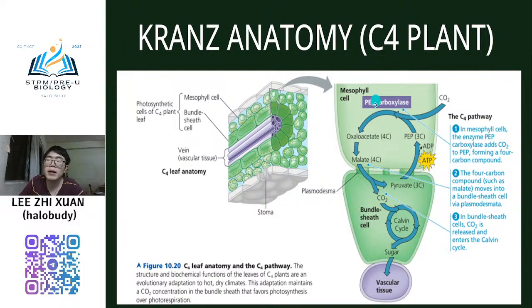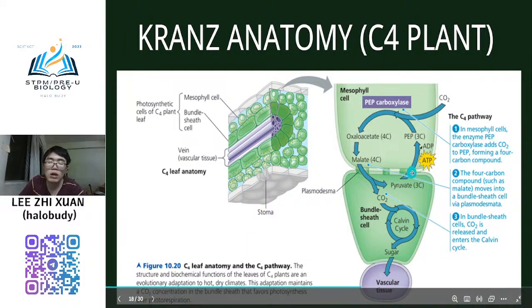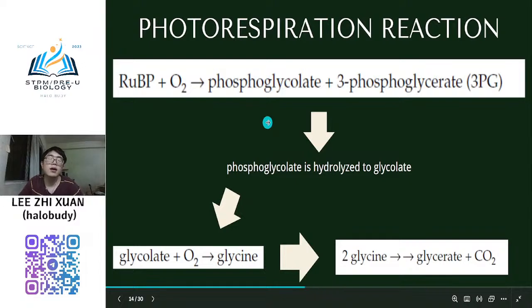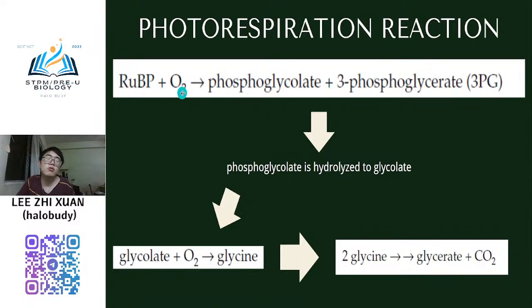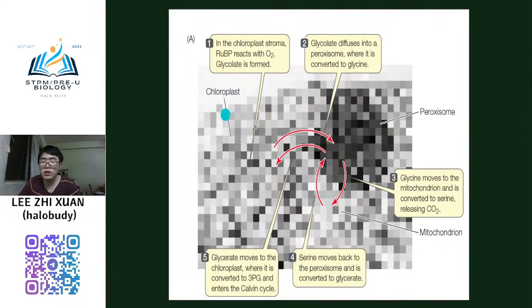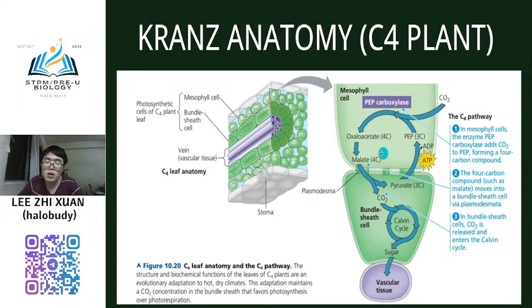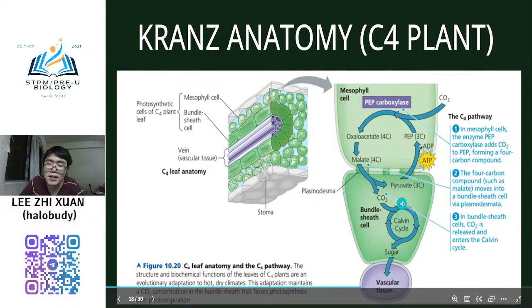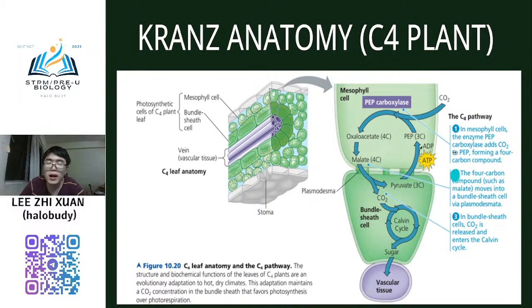But if no this enzyme, no this structure, dia macam ni lah. Kalau dia terlalu panas, carbon dioxide concentration too low, and it will bind to oxygen. RuBP will bind to oxygen. So the carbon cycle is still maintained, it just has the extra carbon dioxide fixation process.